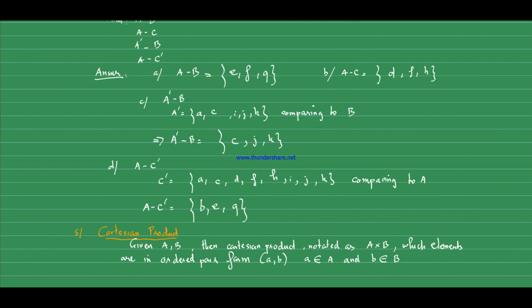Now let me jump to the example. It's not really too bad with the example, believe me. What if I have two sets? The set A is 1, 2, 3, and set B I have 4 and 5.